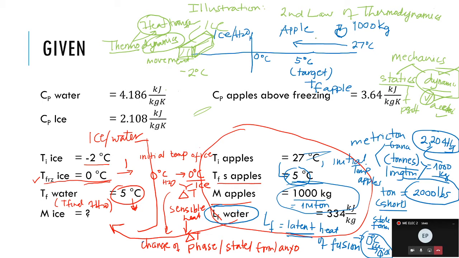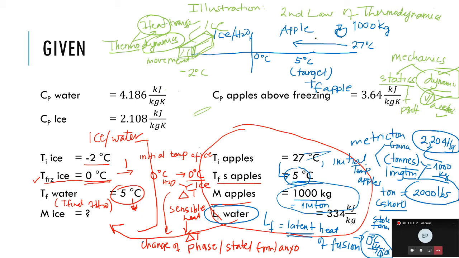It only transfers from one form to the other, from one place to the other. In this case, the energy of the apple should transfer to the ice, right? And it is complemented by the second law of thermodynamics, which states that the flow of heat always transfers from a hotter body, mas mainit, papunta sa mas malamig.